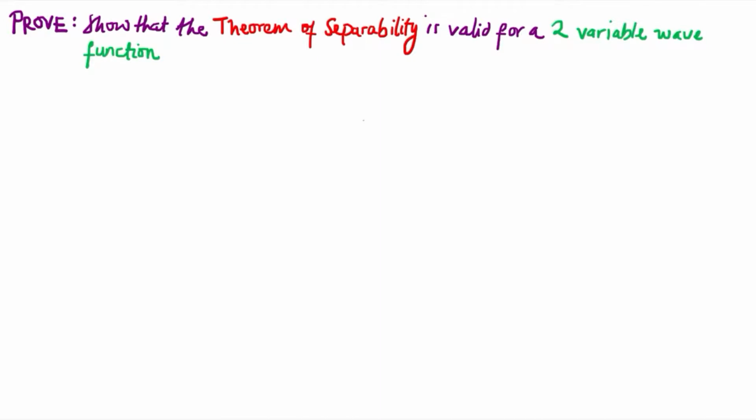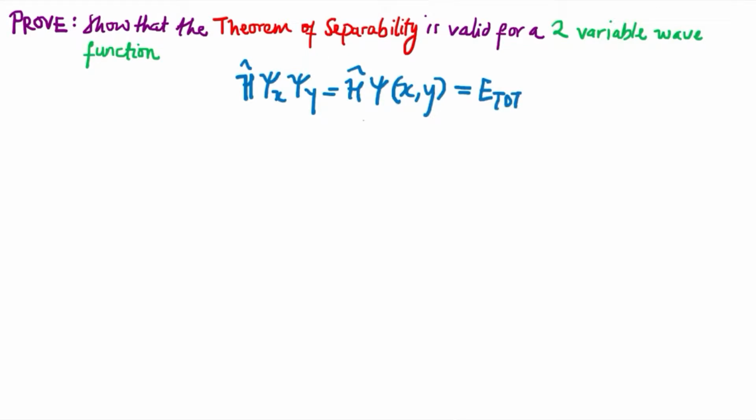on this particular Schrödinger's equation, which is H, the operator, which is a Hamiltonian operator applied to not one but two variable wave functions, which is expressed as wave function of x with respect to the wave function of y, or this can be written, I would say, as this with respect to x and the y coordinate to be equal to the energy total, which is the eigenvalue, and this energy total is applied as well to the wave function of x with respect to that of the wave function of y.